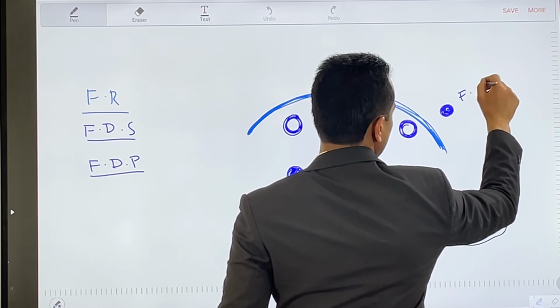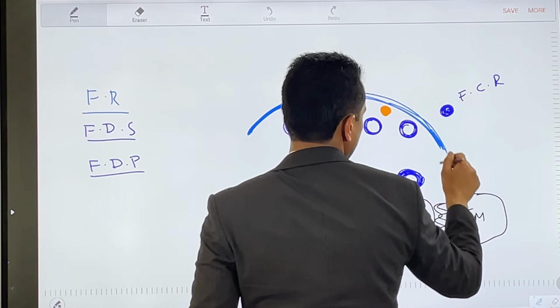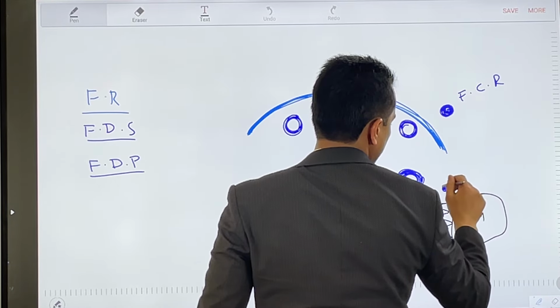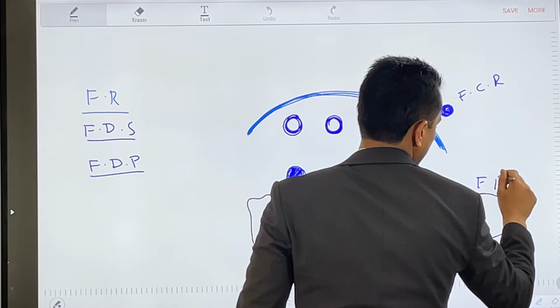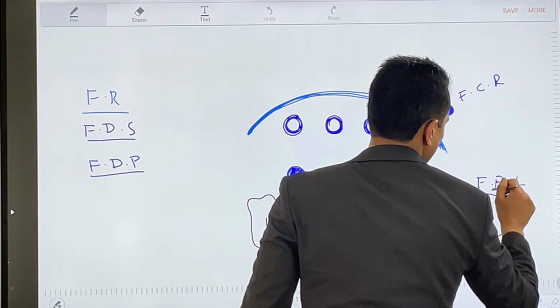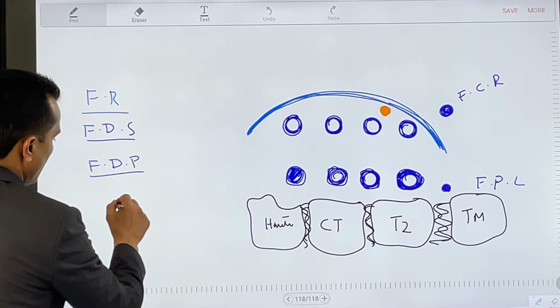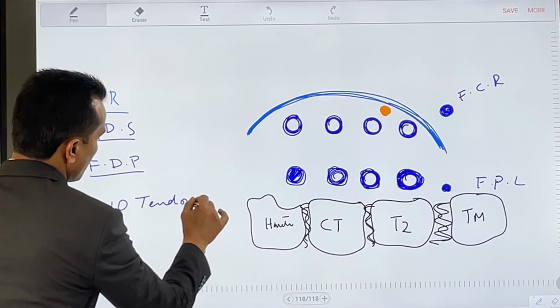On the lower part we have another tendon, the flexor pollicis longus tendon. In this way you have overall 10 tendons which help in protection of the median nerve in the carpal tunnel.